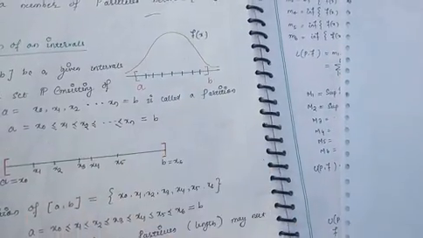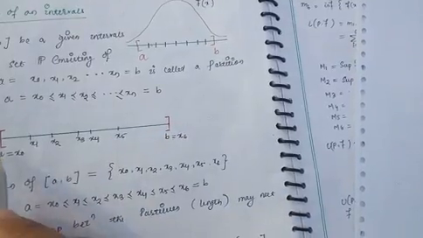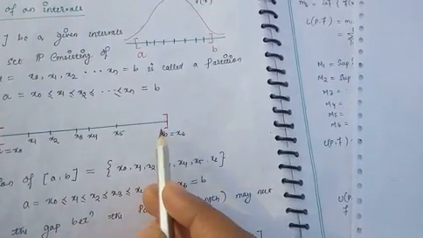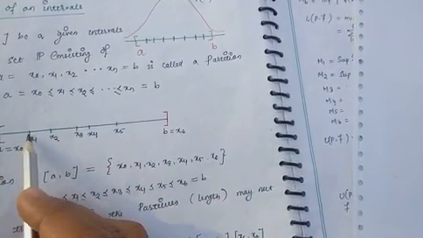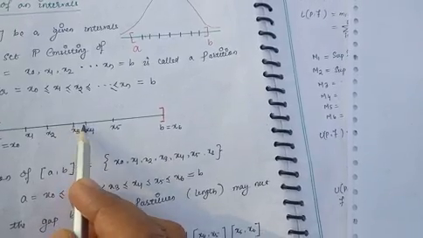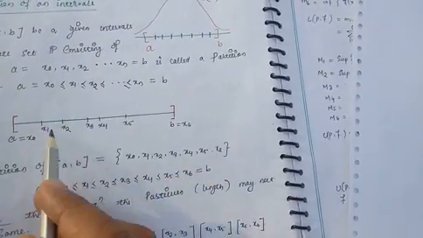Here I have drawn 6 partitions, from x0 to x6. This is the first partition, second, third, fourth, fifth and sixth. The thing to note is that the length of the partitions may vary. They don't have to be equal.